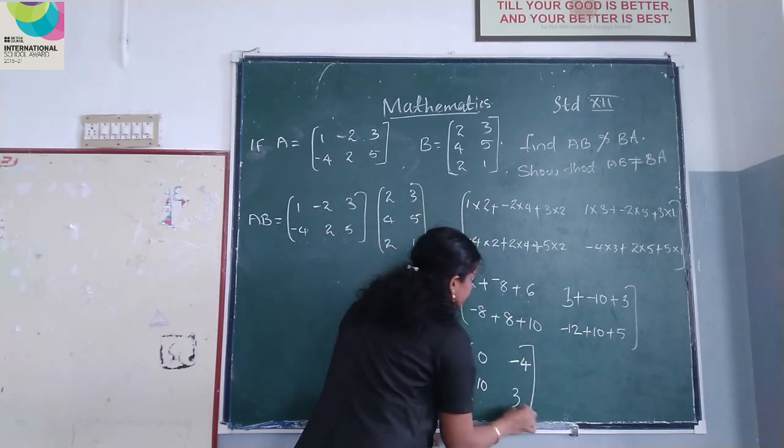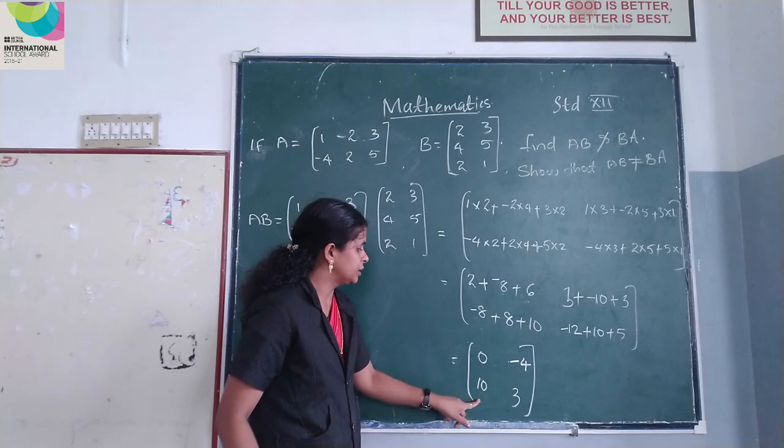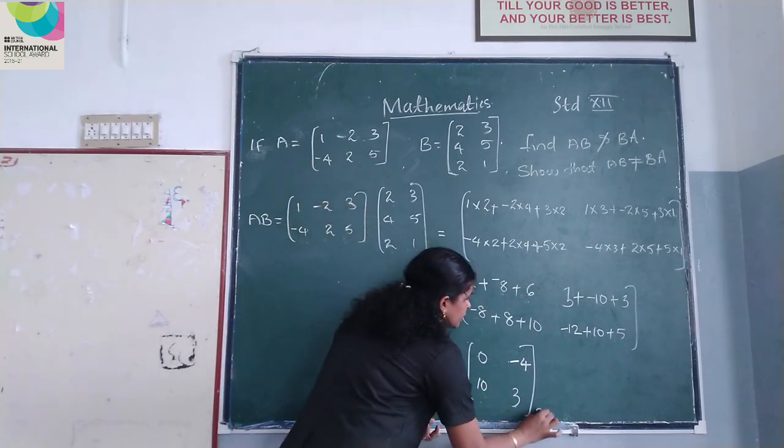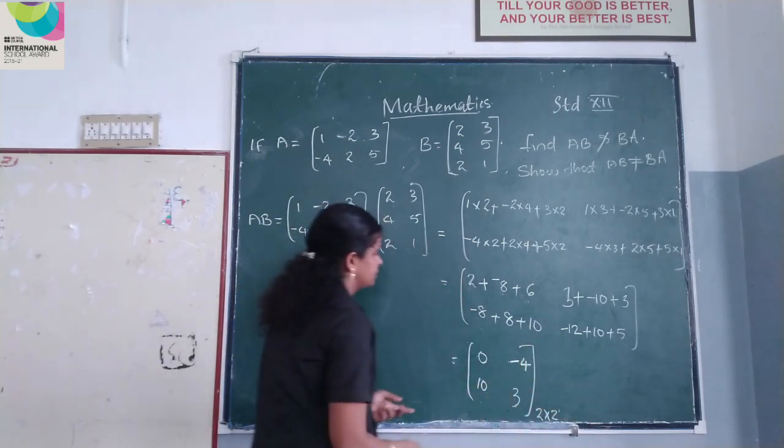So the AB matrix is [0, -4; 10, 3]. What is its order? That is 2 by 2.